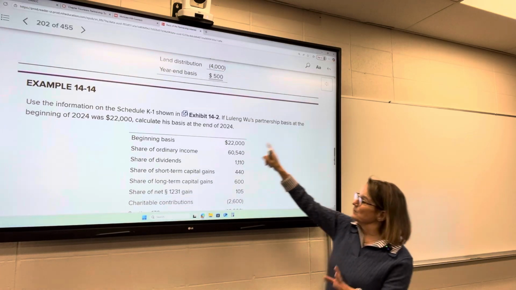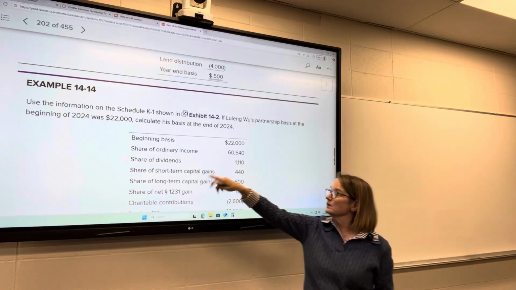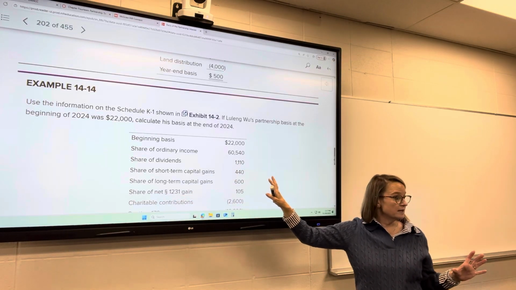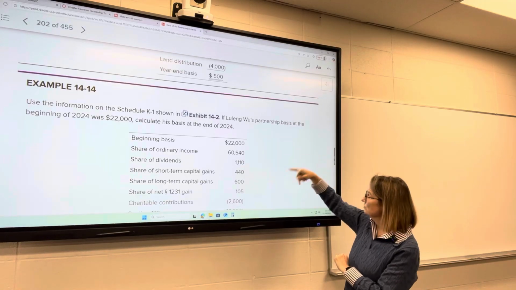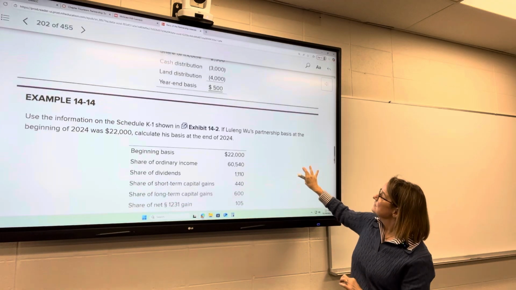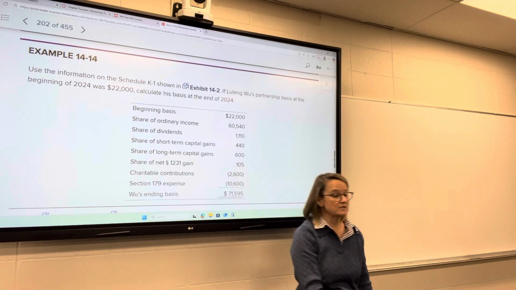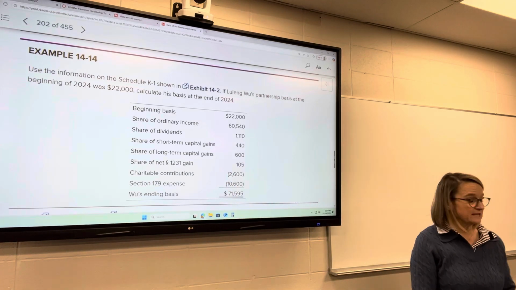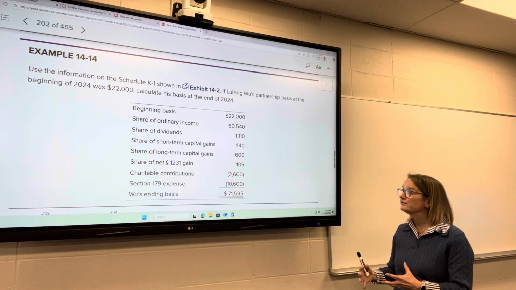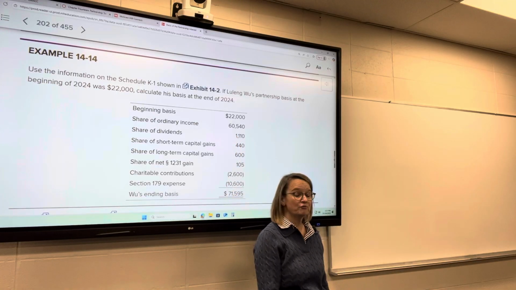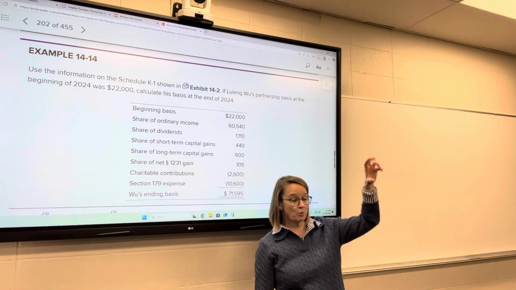So the K1 that we looked at before, this comes from that K1 that we looked at in an earlier section here. So here's the partnership basis. This individual had a $22,000 beginning basis in their partnership. On the K1, their share of the ordinary income was $60,540. That's what would have been in box 1.